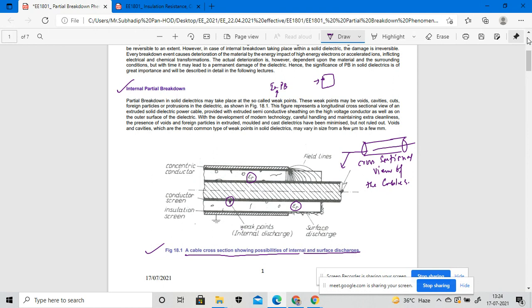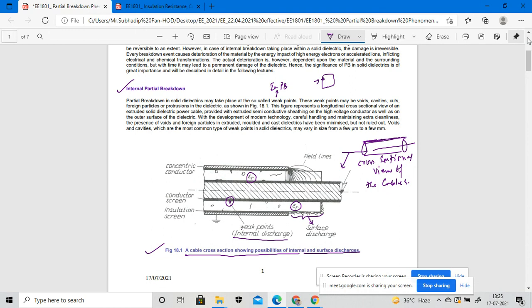Due to this weak point, the internal discharge will take place, and sometimes some surface discharge may also happen over the surface of the cable. This will actually be the surface discharge. So various kinds of discharge will occur in the cable.